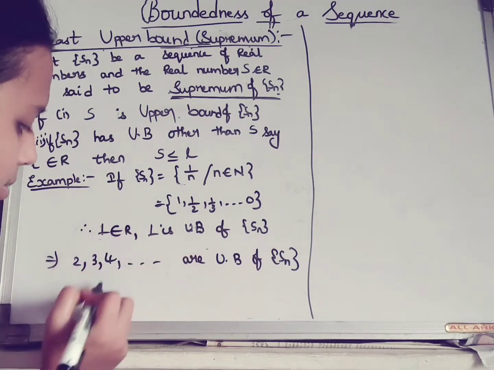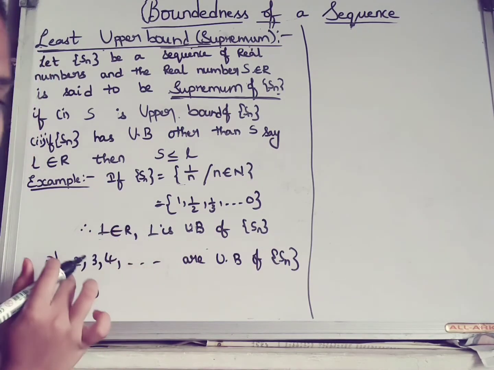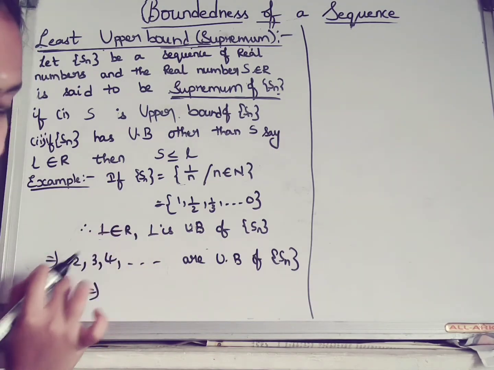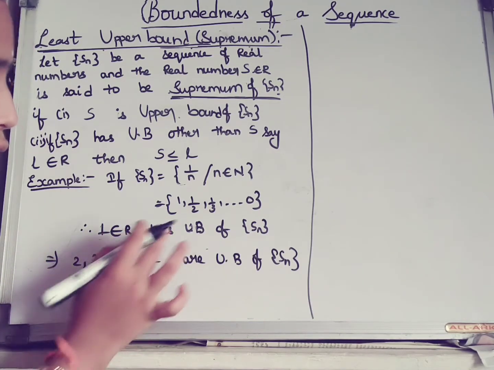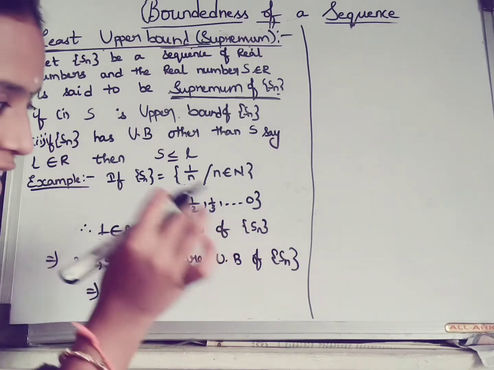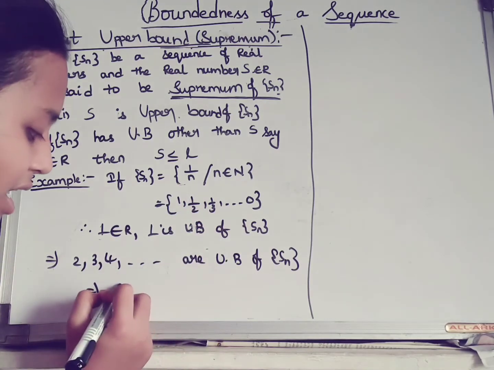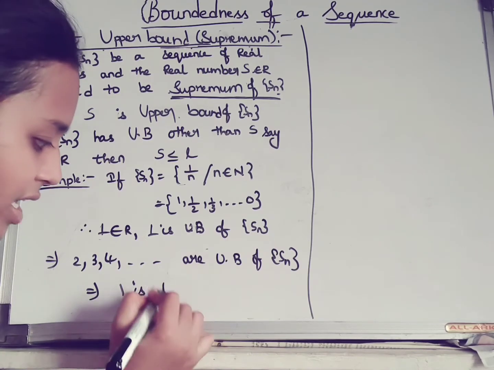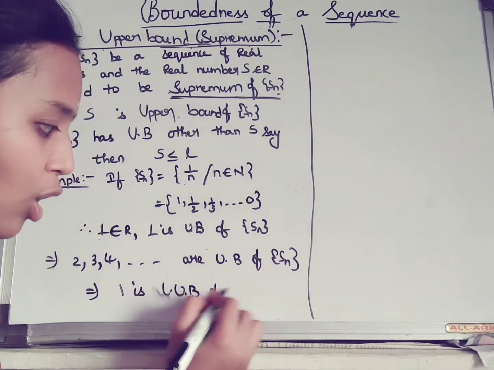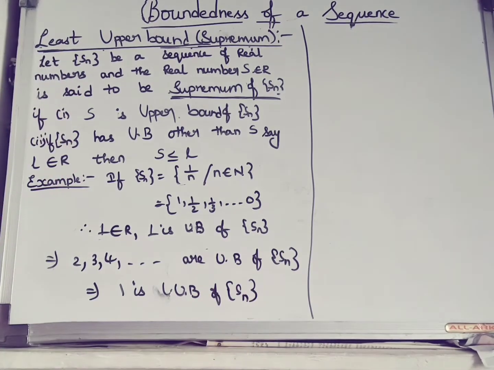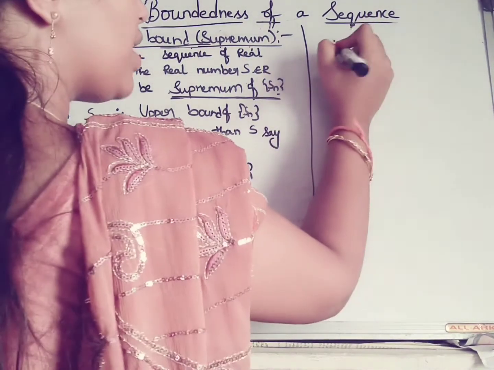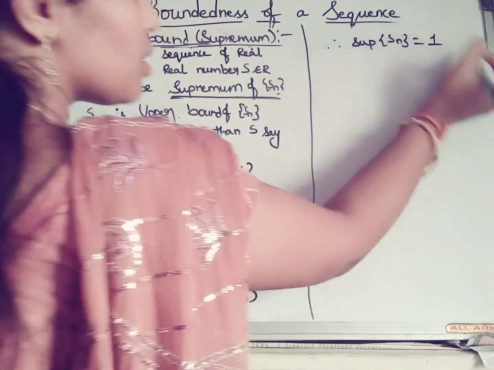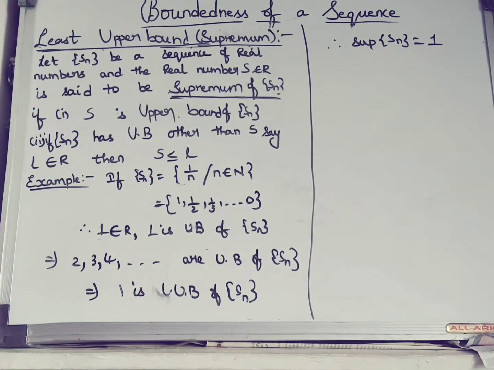On comparing, 1 is the least one. 1 is always less than or equal to 2, 1 is less than 3, 1 is less than 4. So 1 is less than or equal to each and every term. So therefore 1 is the least upper bound of sequence Sn. So therefore we can write the supremum of sequence Sn is 1. This is the definition for least upper bound.